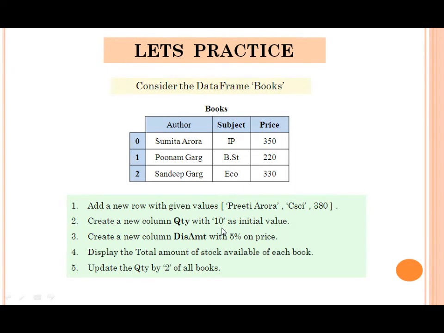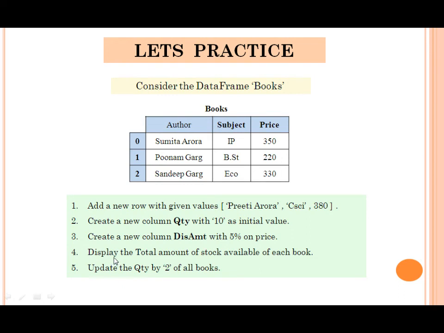So rewind my video and see what is going to help you out. Create a new column, discount amount, with 5% on price. Means 5% of price, you have to put the values in the discount amount. You have to see how, by applying a formula, you can create a new column.